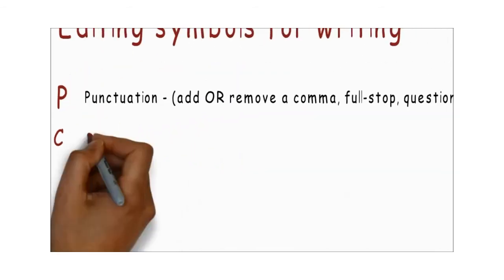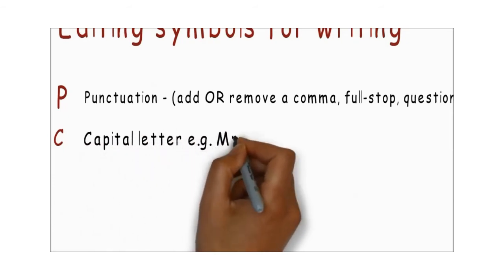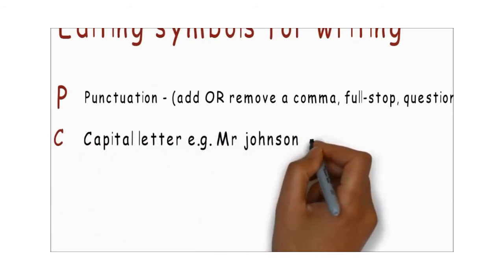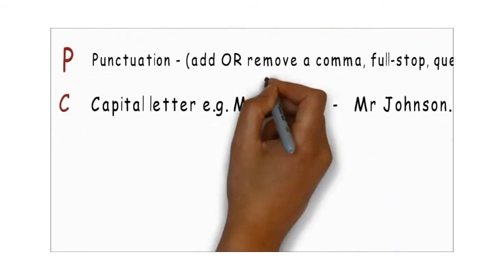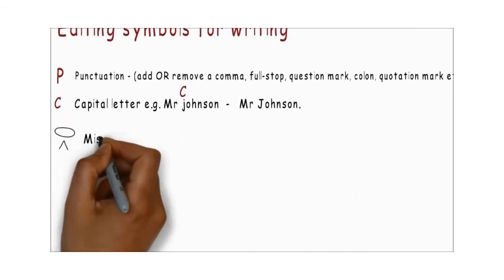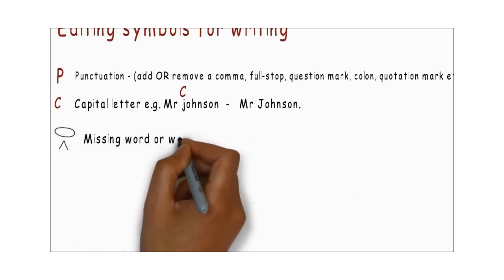From time to time in our writing, we miss capitals, which are necessary for proper nouns or names of places or people. Missing words in sentences can be shown in this way. This may mean that you need to place another item of vocabulary to complete the context.